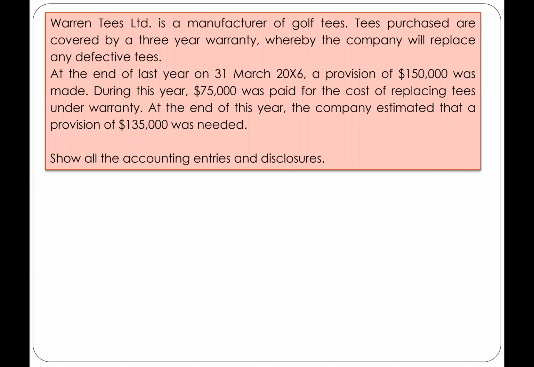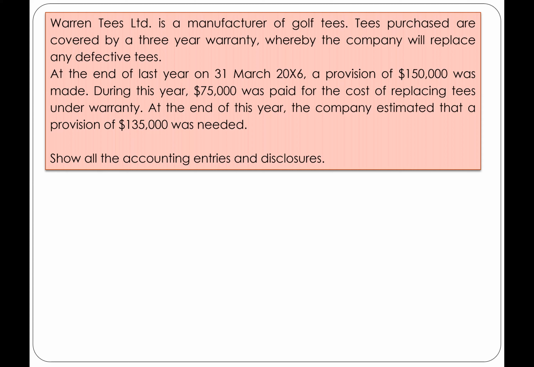So we are debiting the expense account by 60,000 and crediting provision by 60,000 so that it increases to 135,000, which is the new provision amount that we require. Those are the three entries that are required: the entry to create the 150 provision, the entry to make payment for the 75,000 for the cost of replacing the tees, and then the entry to increase the provision to the new value of 135,000.